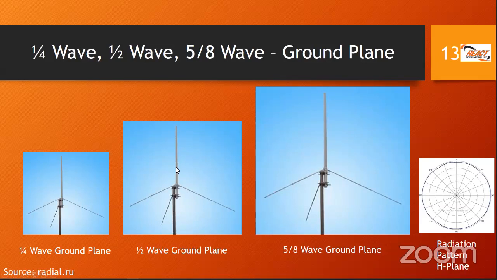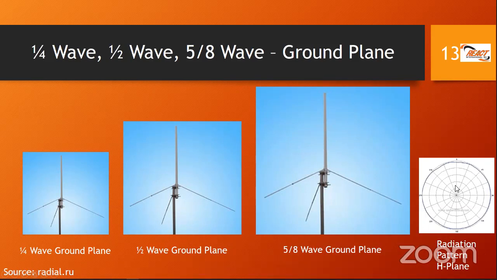This portion here is the antenna driven element, and these are the radials. The only difference between these three antennas would be the length of them, where this one here now is 5/8 wave. So the distance or the length from this point to the tip of the antenna, that driven element or the element itself is 5/8 wavelength long.